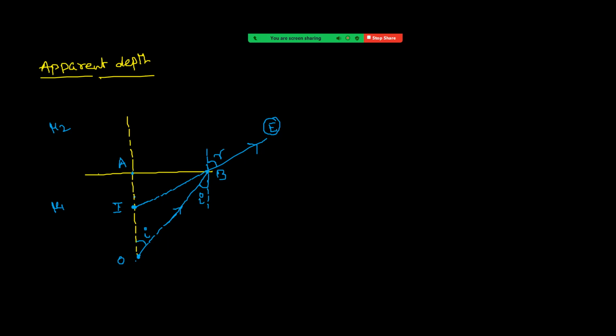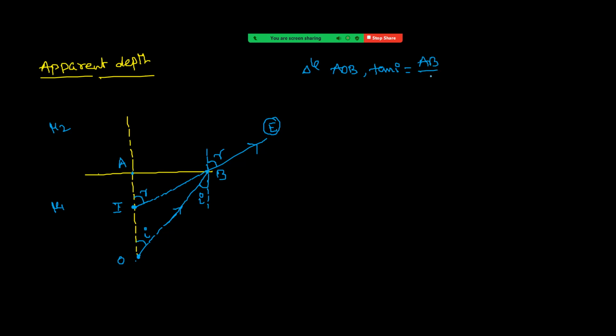This is R, and this is also R. Now see what we can write here. I am taking triangle AOB. In triangle AOB, tan I is equal to opposite by adjacent, and the opposite is AB.